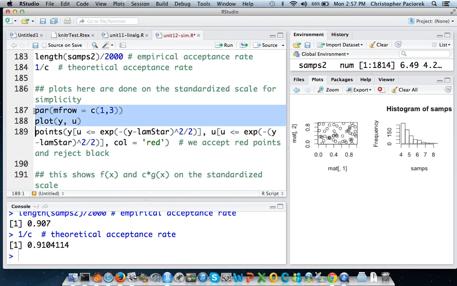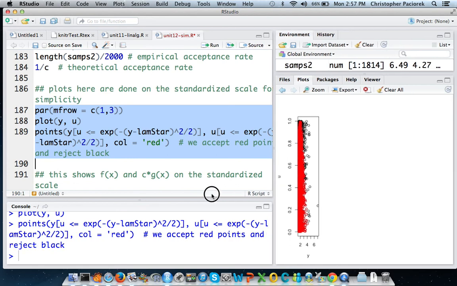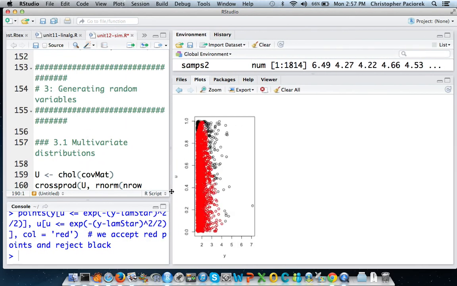So the nice thing about this is just to see the picture of what's going on. This is meant to show in black the rejected samples and in red the accepted samples, and it's showing me an empirical version of what I was showing here, which is basically that C times G touches F at one point, and that's at this point here where everything is being accepted.